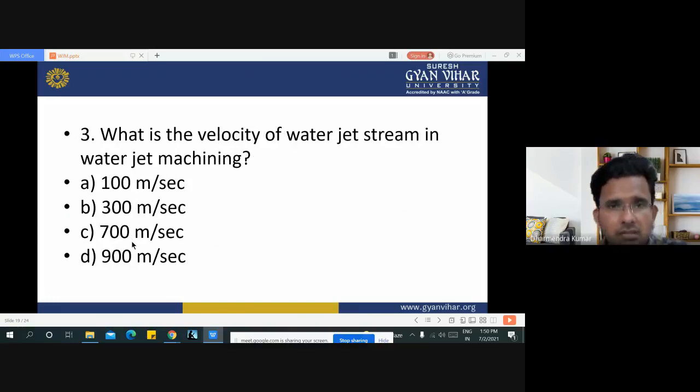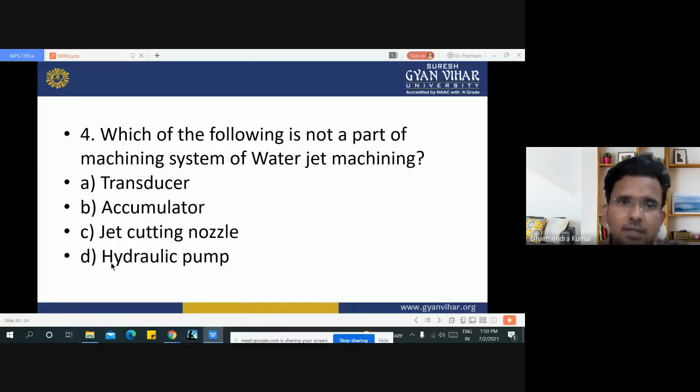Third: what is the velocity of the water jet stream in water jet machining? We have seen that it is 900 meters per second. Fourth: which of the following is not a part of the machining system of water jet machining?